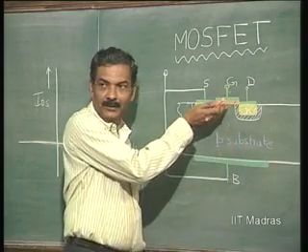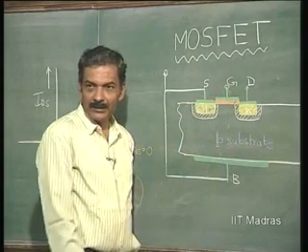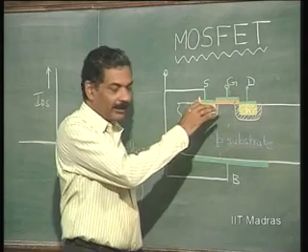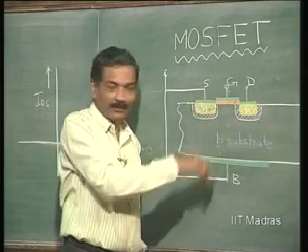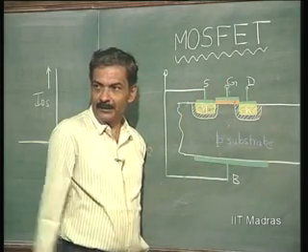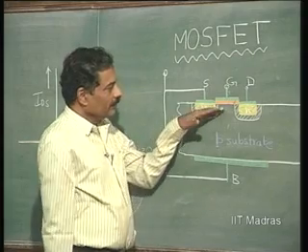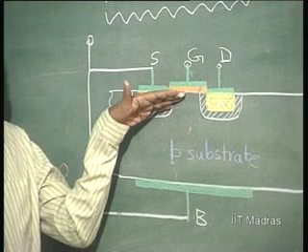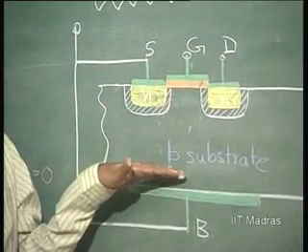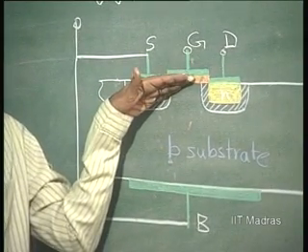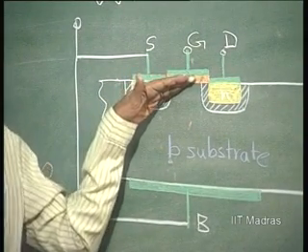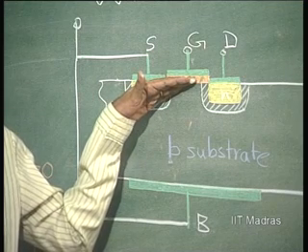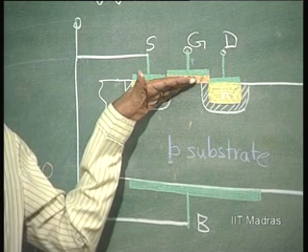Electrons tend to come towards the surface, and the holes are repelled if I apply a positive voltage here. So, this side becomes less P type. Suppose this is P plus, this becomes just P type. The resistivity of the surface increases. This is what first happens.